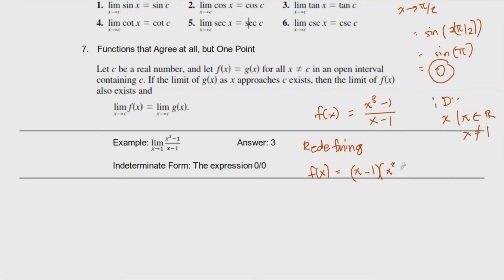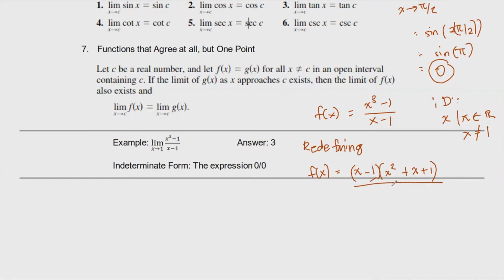Since this is negative, the one in the middle should be positive, so that is positive x. And the last one should have the opposite sign for our constant, so we get positive 1 as well.